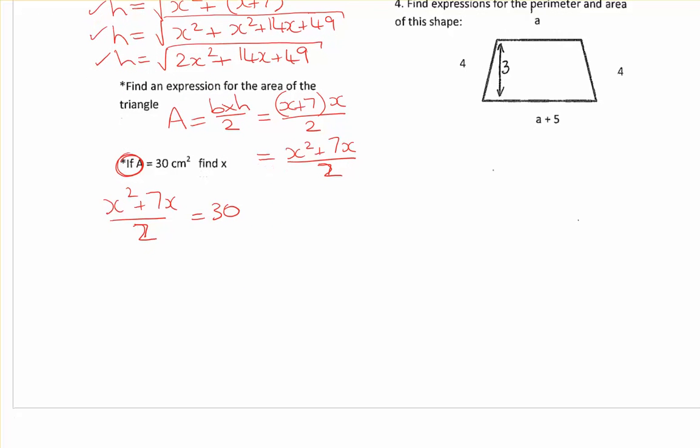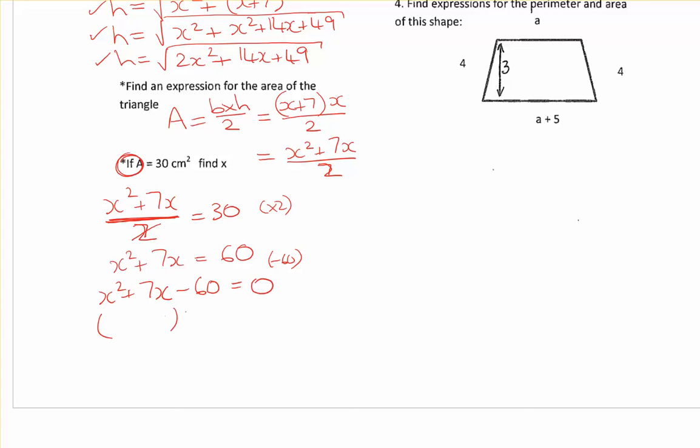So an equation to solve, multiplying by 2, because for the triangle we had to divide by 2. x squared plus 7x equals 60. Subtracting 60 because we've got a quadratic, so we like to get 0 on the right hand side.